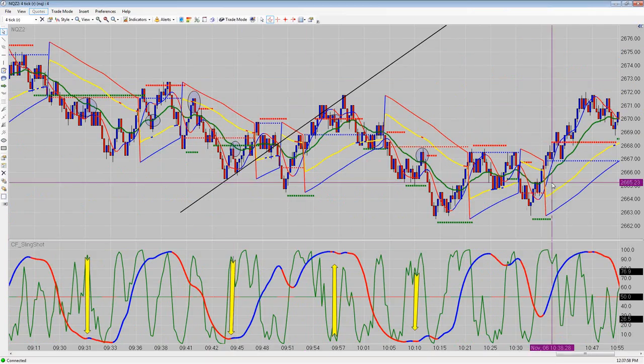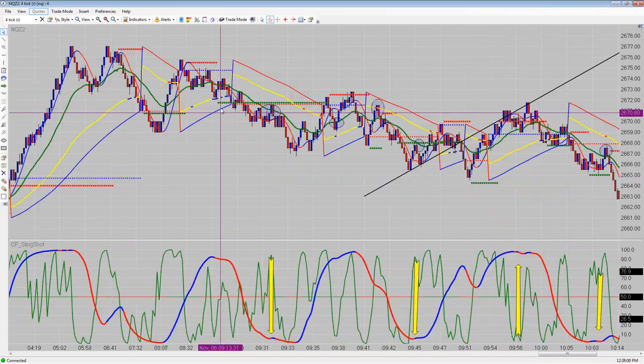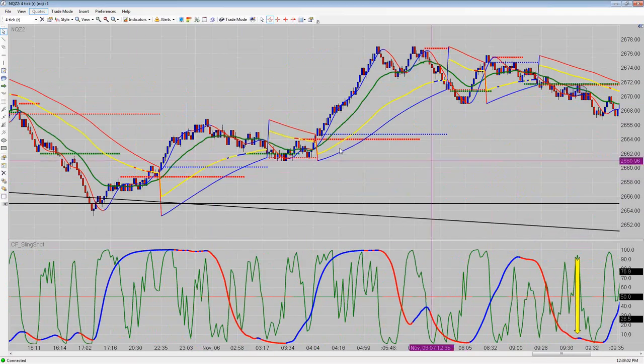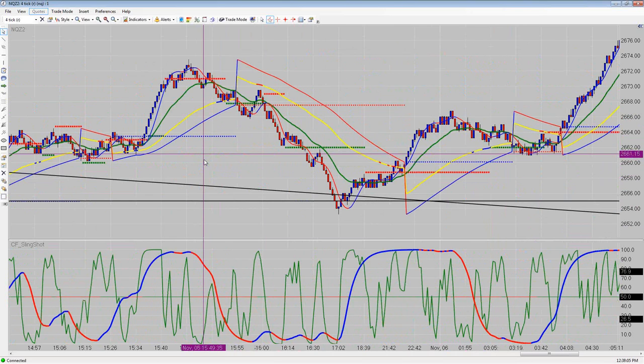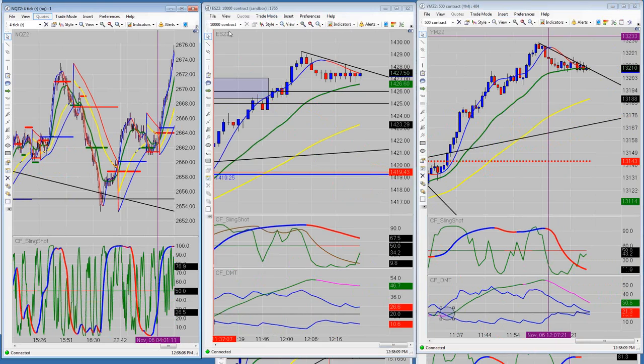That was it on the NQ this morning. All right, I didn't take any NQ trades, so that's all there was to it.